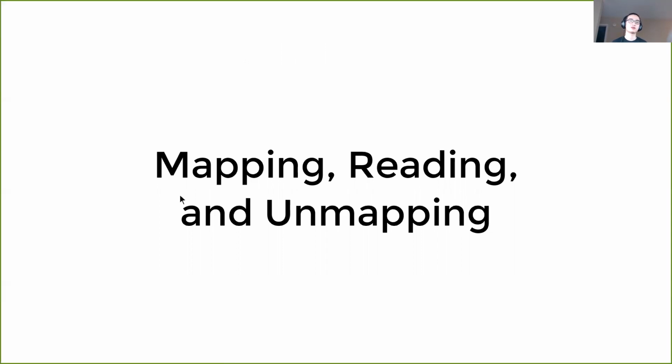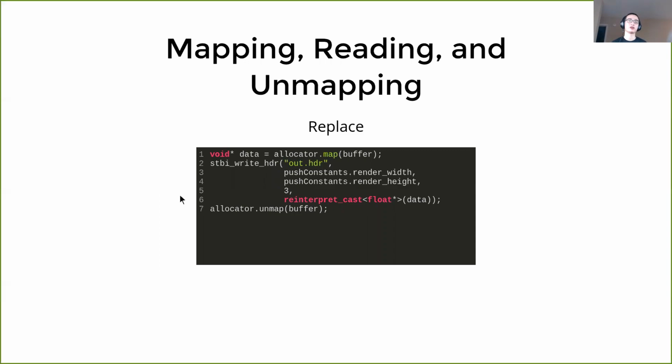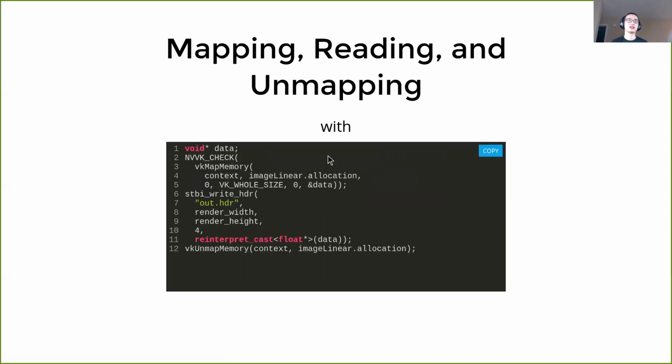And then it's just mapping the buffer. In this case, it becomes mapping the image. So we had this particular code before, where we call this NVVK allocator map. And for some reason, the NVVK allocator doesn't support mapping images. So we need to do this instead.